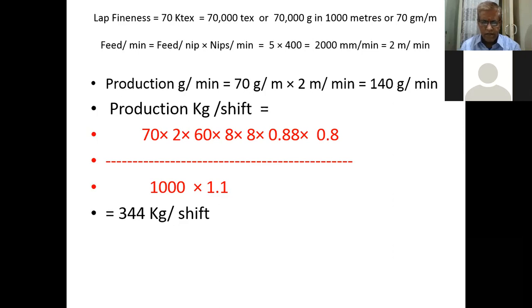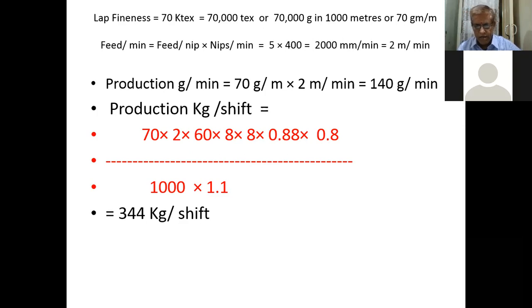Feed per minute may be calculated by multiplying feed per nip into nips per minute. So feed per nip is suppose 5 mm and nips per minute are 400. So feed per minute will be 2000 mm per minute. This implies that 2000 mm means 2 meter per minute.